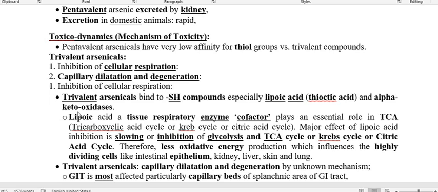We already discussed that the trivalent form of arsenic has the capability to bind with sulfhydryl compounds, particularly lipoic acid, which is also known as thioctic acid, and alpha-ketoxidase. These sulfhydryl groups are present in many respiratory enzymes of the Krebs cycle as well as the glycolysis cycle, like pyruvate dehydrogenase and succinic acid dehydrogenase.